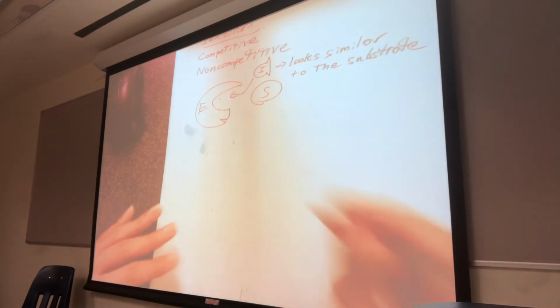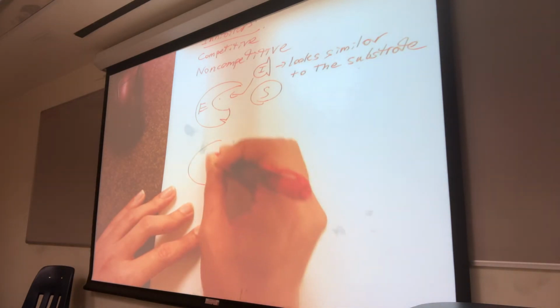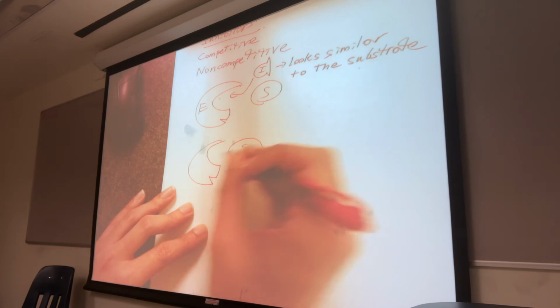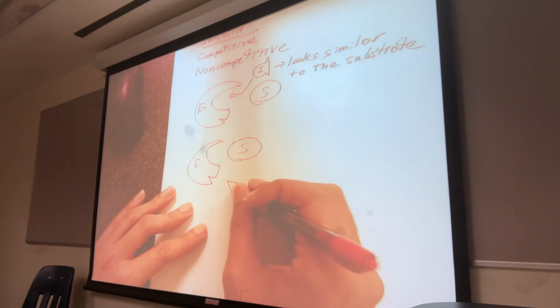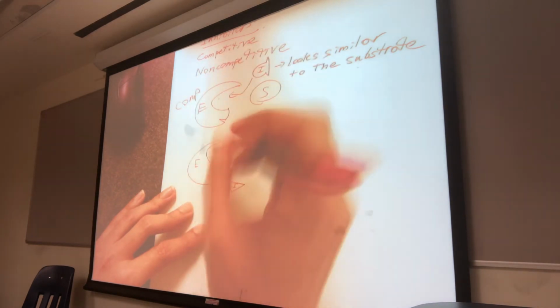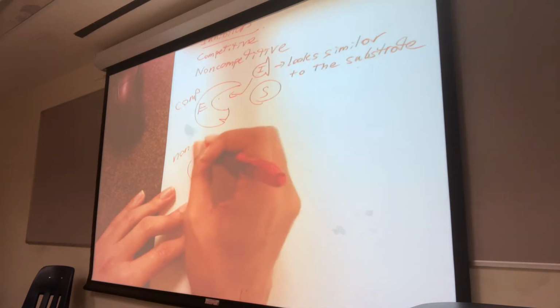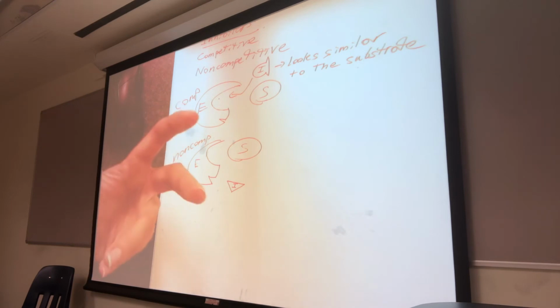Let's contrast that with non-competitive inhibition. So this one is competitive. This one is non-competitive. The way non-competitive inhibition works is the inhibitor does not compete with the substrate for the active site.